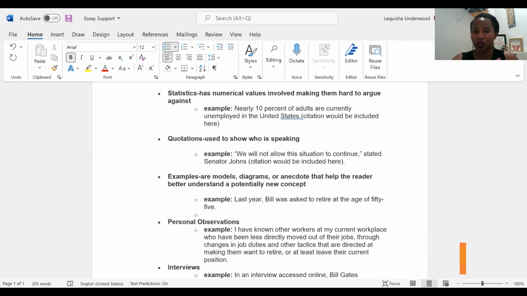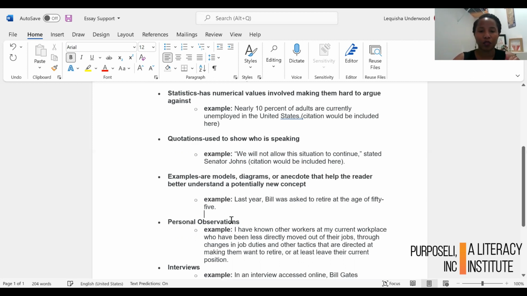Example: last year, Bill was asked to retire at the age of 55. So this is an anecdote for explaining the age upon which a boomer, based on our previous example, would be asked to retire. Okay, so this is an example to show where that age range starts to happen.